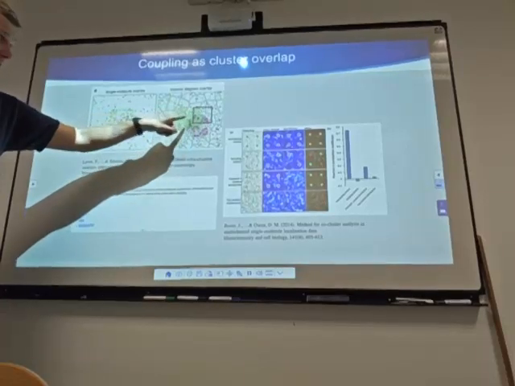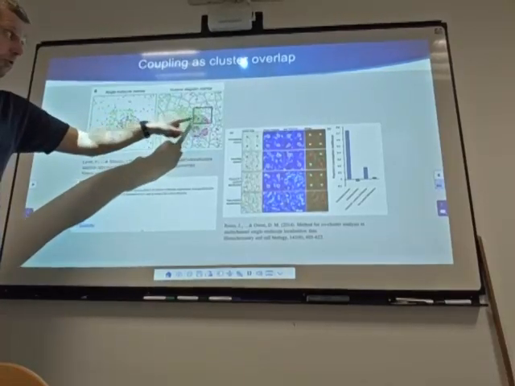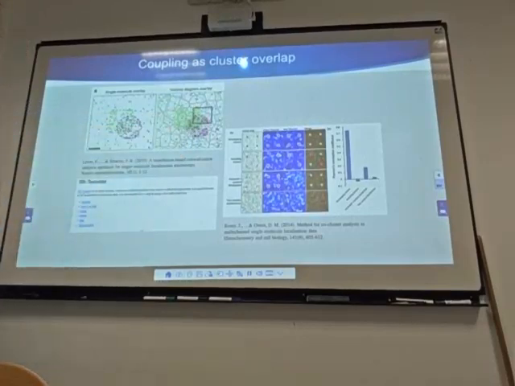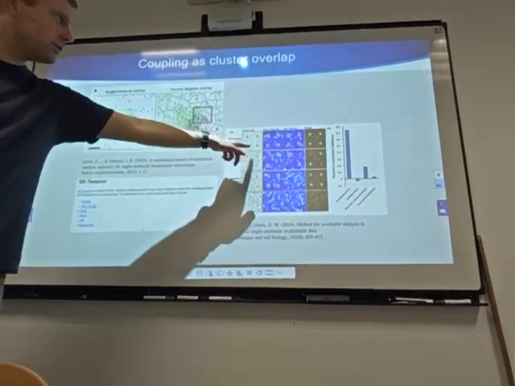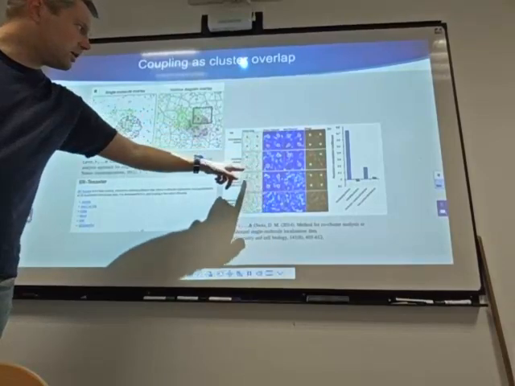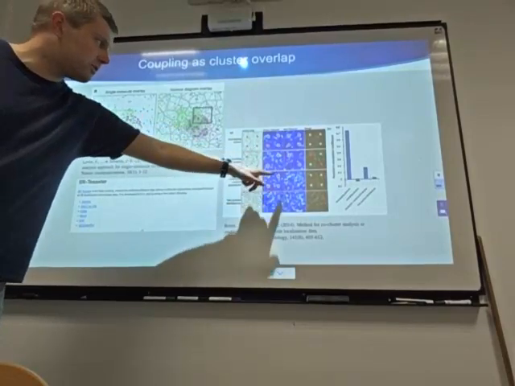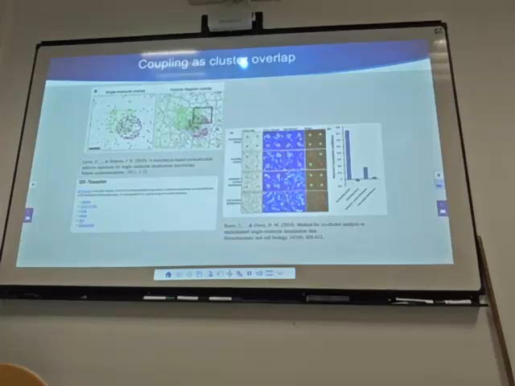And you can look at the proportion of overlap between clusters. This is another method, where again they look at local clusters and the overlap between them. I don't exactly remember the method they used to cluster the data.